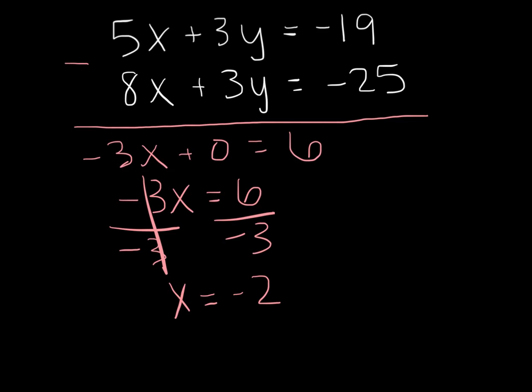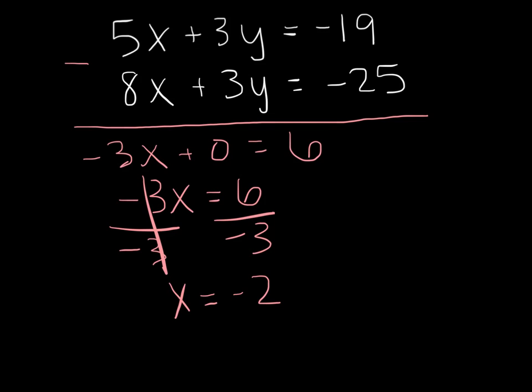But we're not done yet because our solution is a coordinate point, not just an x, not just a y, it's the combination. So we're going to take this x equal to negative 2. And our third step in the elimination method is to substitute now for the other variable.